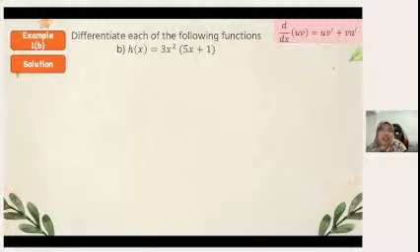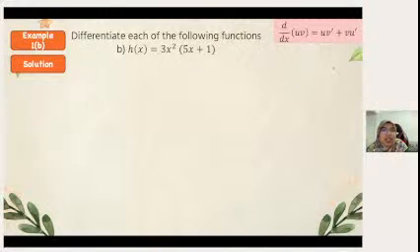So, there is not only one method to solve a differentiation question. Sometimes you can choose which formula you want to use. For example, this kind of question, right? So you can choose to expand them first and then differentiate using the power rule, or you can use the product rule directly. So up to you which one you are more comfortable with. But since we are learning about the product rule, we have no choice but to do the product rule first.